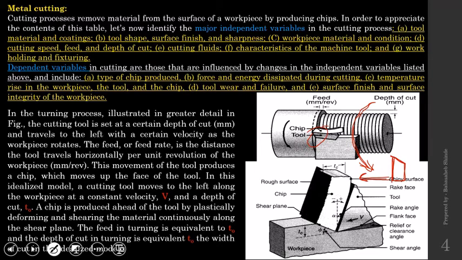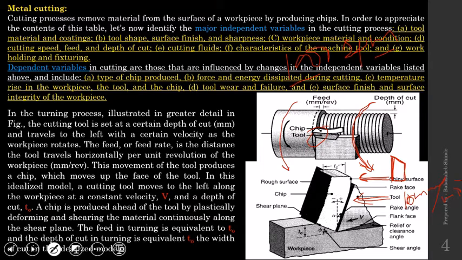So suppose the workpiece is rotating at 1000 revolutions per minute. So in a single minute, the workpiece is rotating 1000 times. And if the cutting tool is moving towards left 10 millimeter per minute.